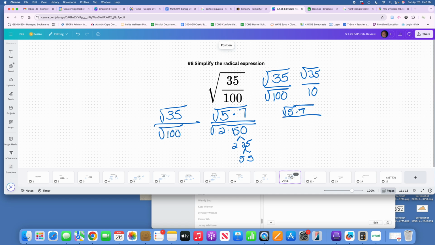On the bottom I have 2 times 2 times 5 times 5. So I'd take a 2 out, I'd take a 5 out, and I have nothing left in the radical. 5 and 7 are primes, so I make those 35. And then I took a 2 and a 5 out, so I have 10 on the bottom.